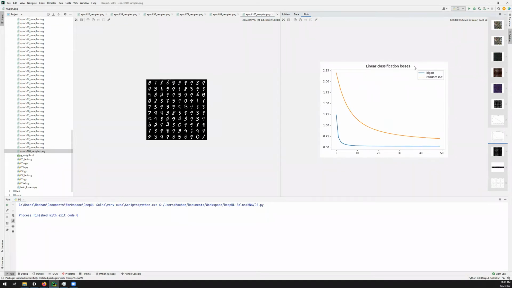This is the linear classifier losses. So with random initialization, it does go down, because we are training the linear classifier, but it's still not that good. But as you can see, if we have the BiGAN encoder, then we have some sort of digit information hidden in the latent variables.